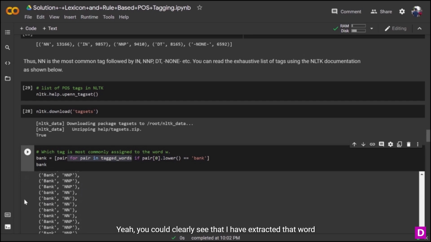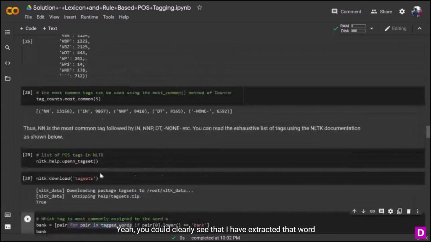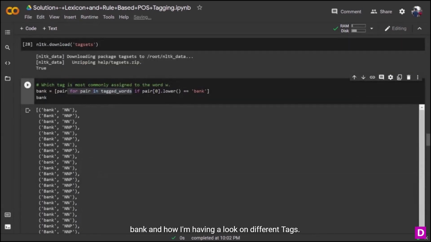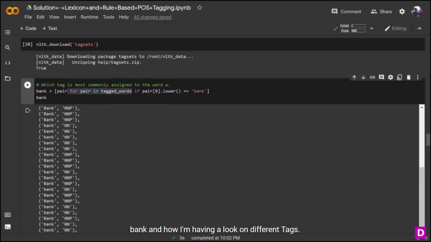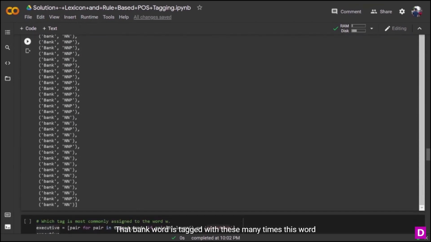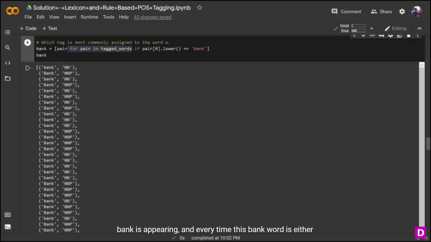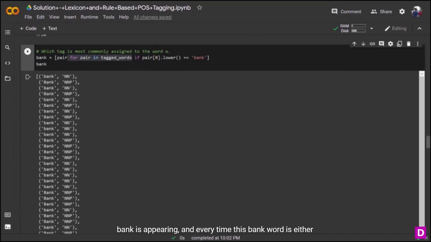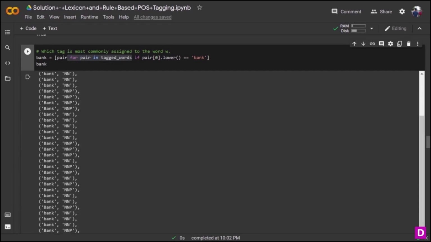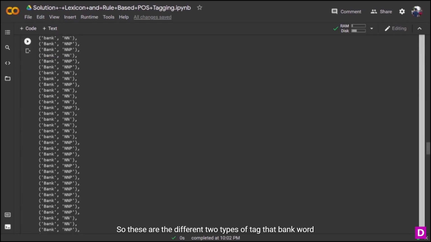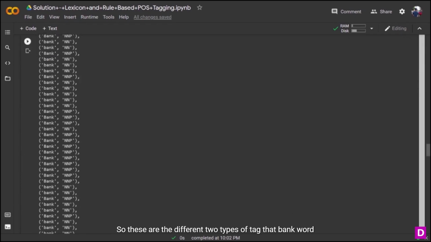Yeah, you could clearly see that I have extracted the word bank, and I am looking at the different tags that the word bank is tagged with. So these many times this word bank is appearing, and every time it is tagged with either NNP or NN. So these are the two types of tag that the word bank is tagged with.